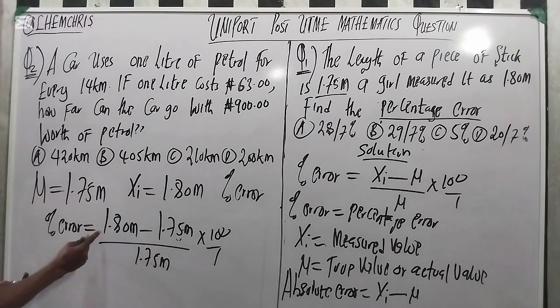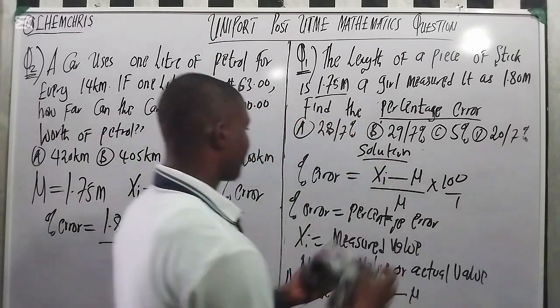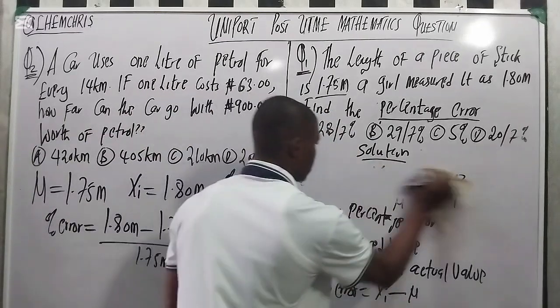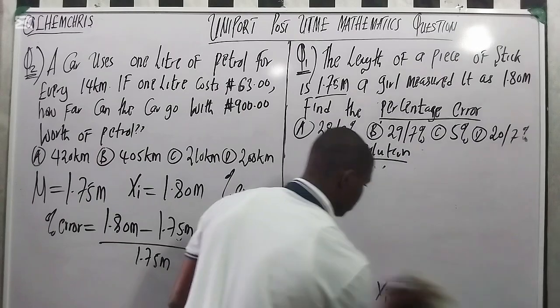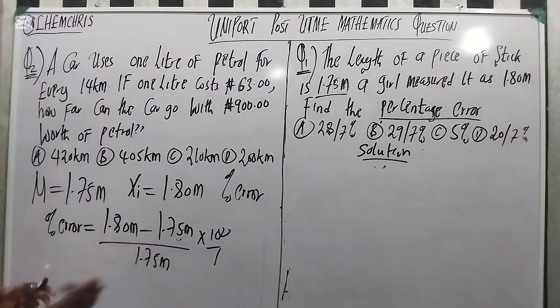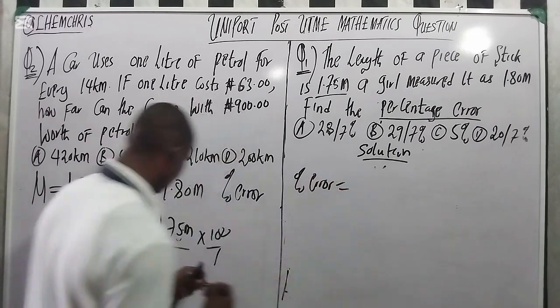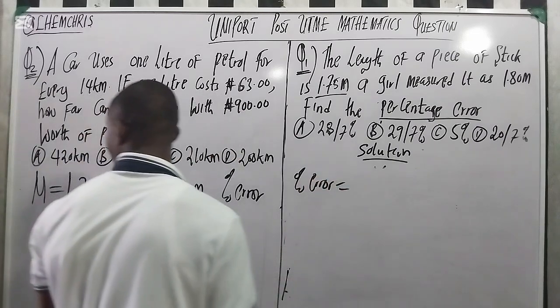If you check very well, if you subtract here, let me wipe this place out. So if you look at it here, percentage error is 1.8 minus 1.75.